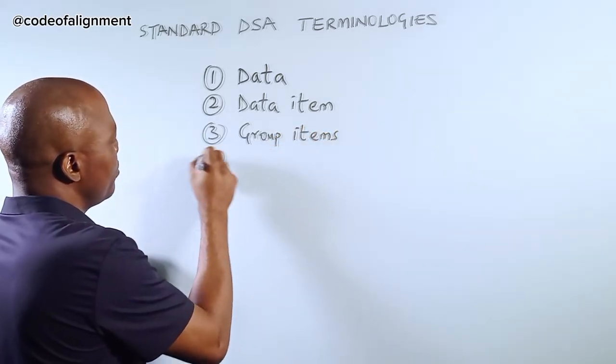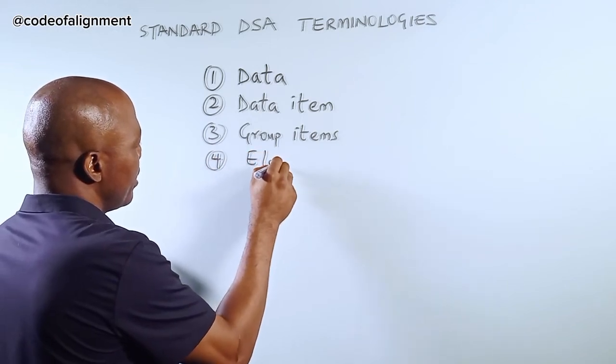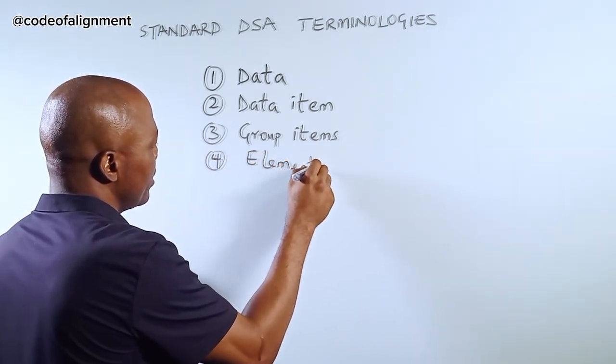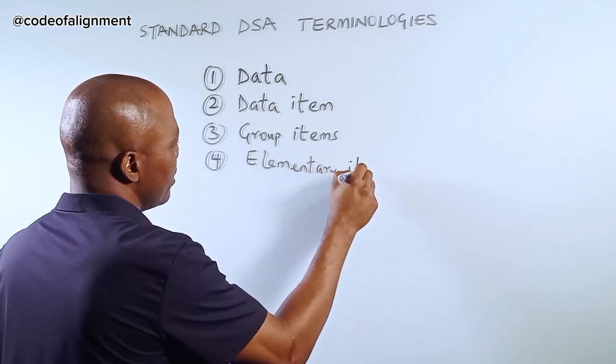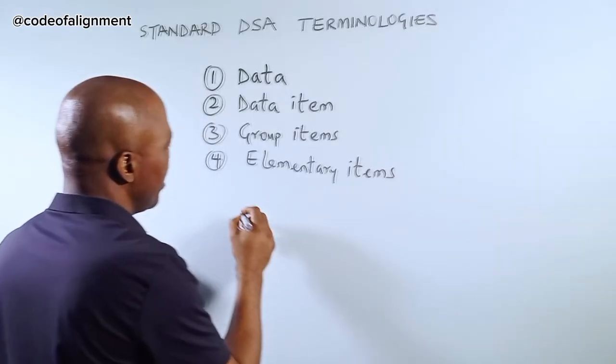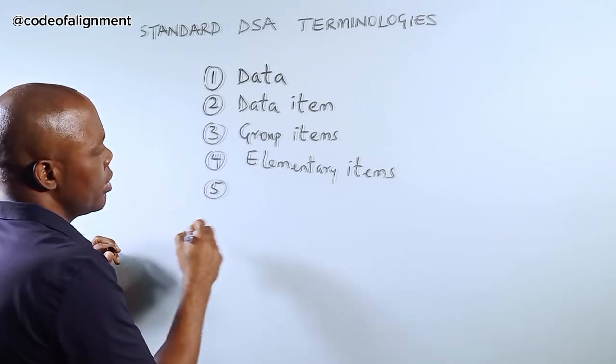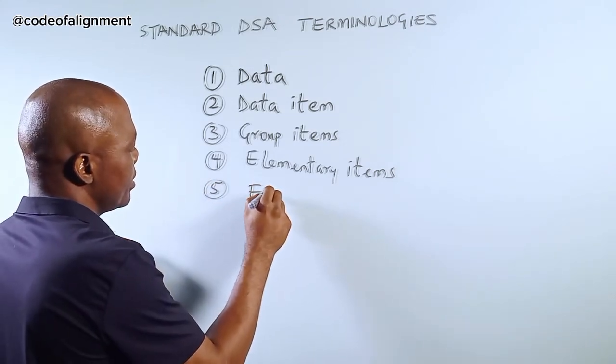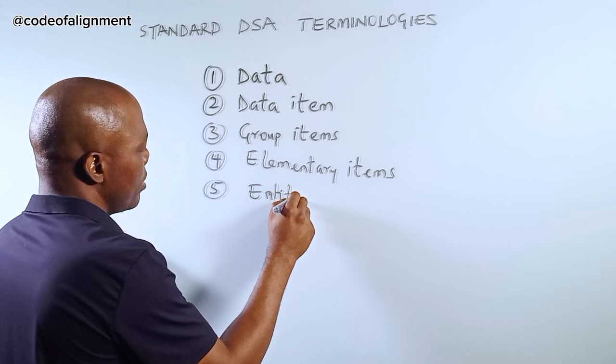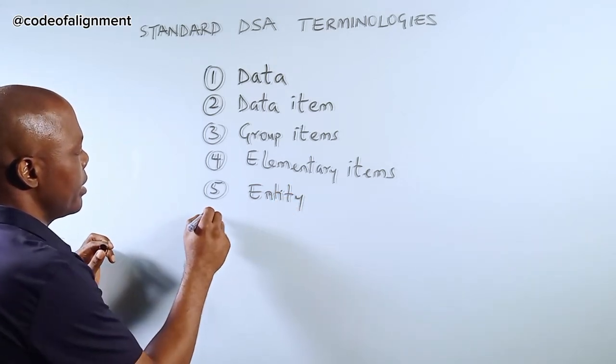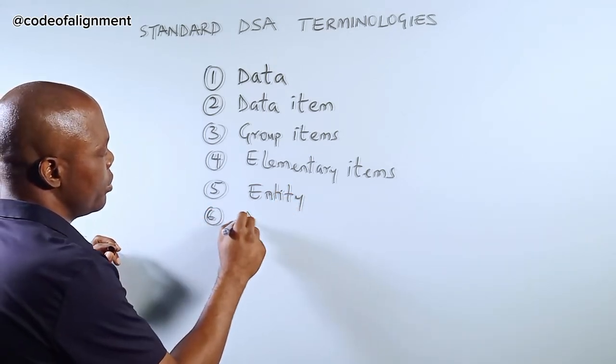Then the next one will be elementary items. Then the next one, we'll look at entities or entity. Then the next one will be attribute.